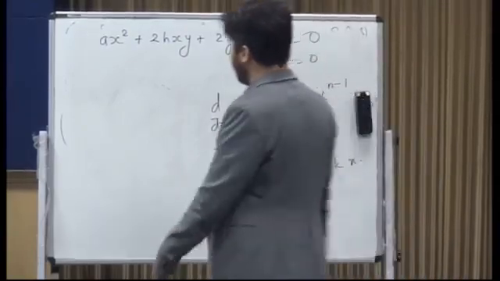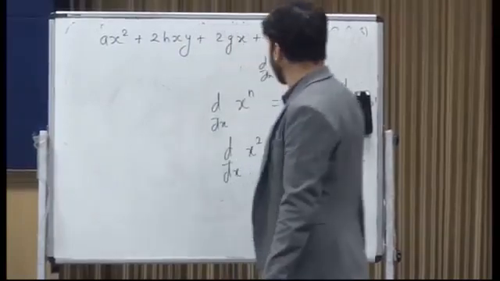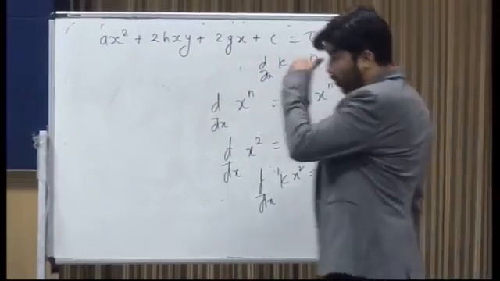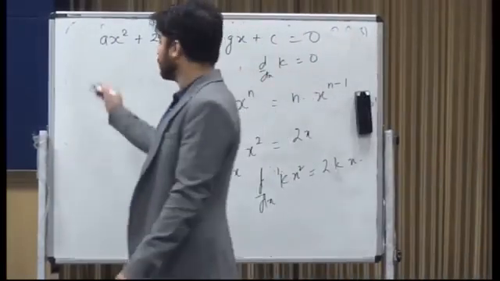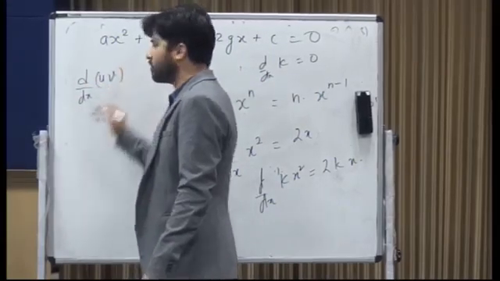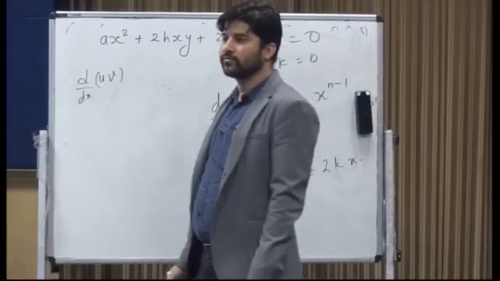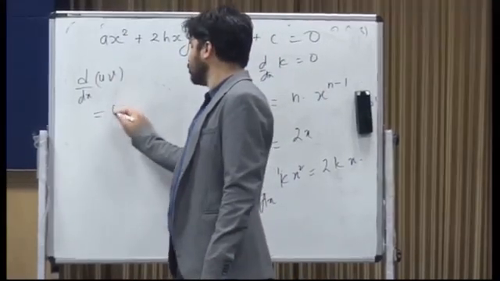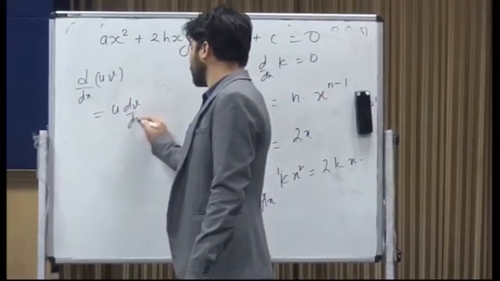ओके, और आपको ये भी पता होगा प्रोडक्ट रूल. d by dx of uv क्या होता है? u dv by dx plus v du by dx.